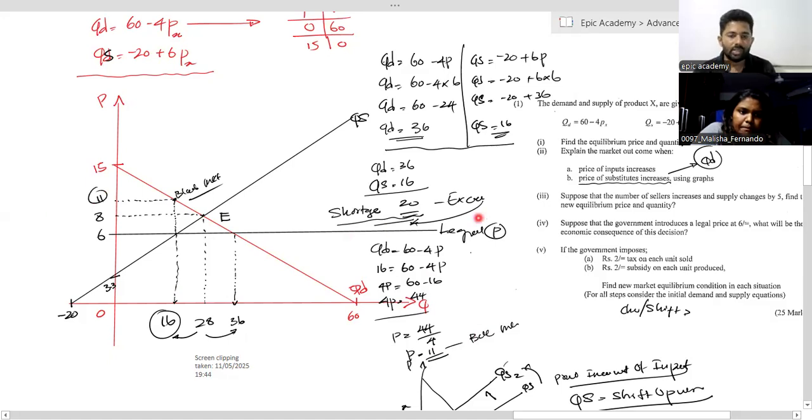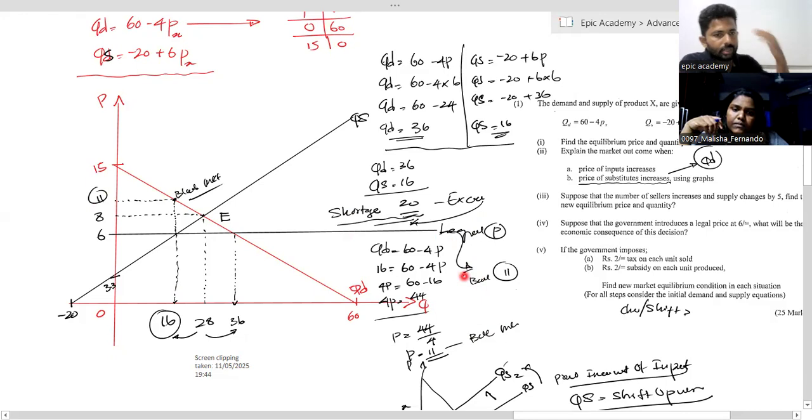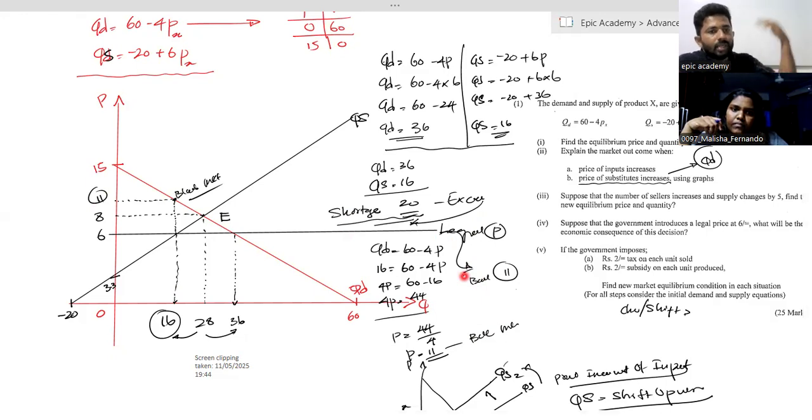Next, the economic consequences. Because of that shortage, in this market black market prices will arise. It is 11. You have to state all those economic consequences. First, quantity demanded increases from 28 to 36.